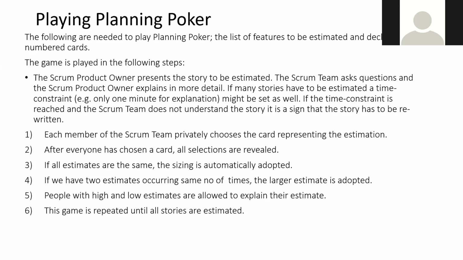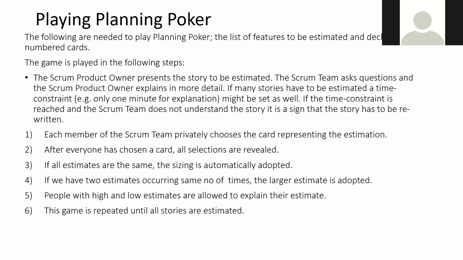The Scrum Master says, okay, what size or what point are you giving this story? Each team member chooses a card that represents what they feel the estimation should be. It could be a 3, a 5, or what have you. Once everybody has chosen their cards, the selection is revealed for everybody to see.